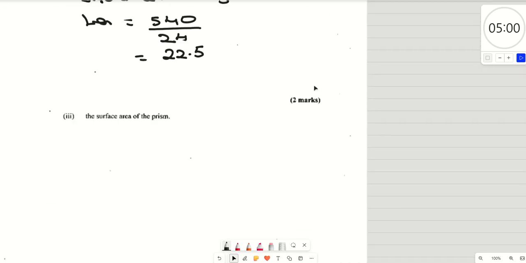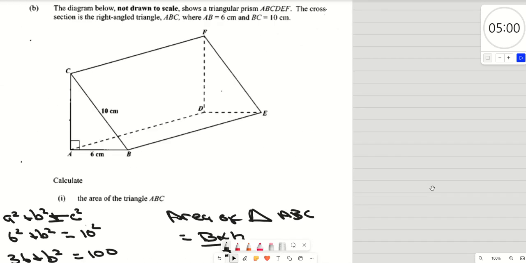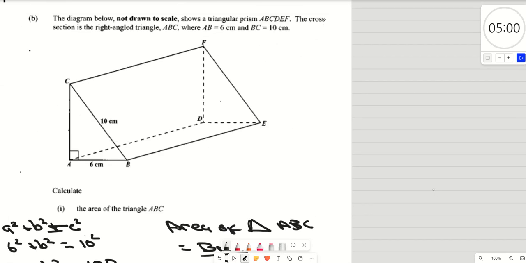So they want the surface area of your prism. For surface area, we need to find out how many surfaces, regular shapes, there are. There's this first triangle, that's 1, and there's the second triangle, that's 2. Then there's this face in front here, which is 3.